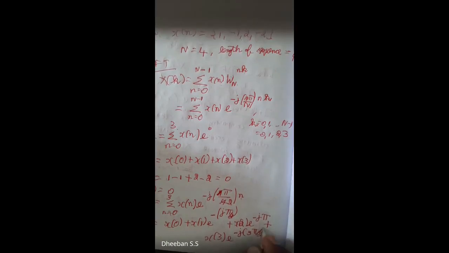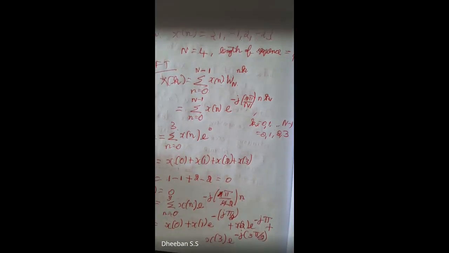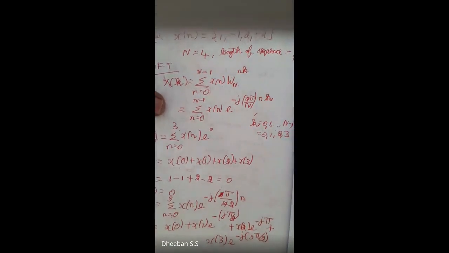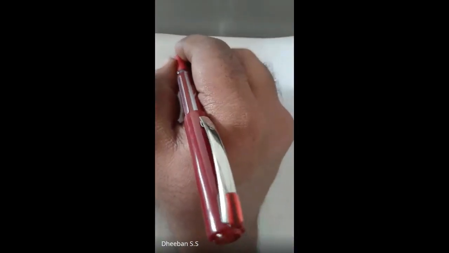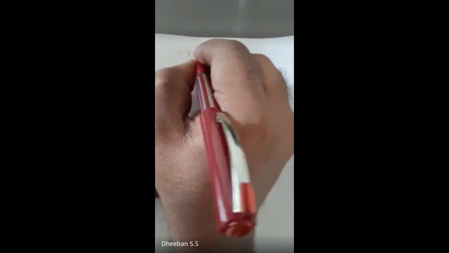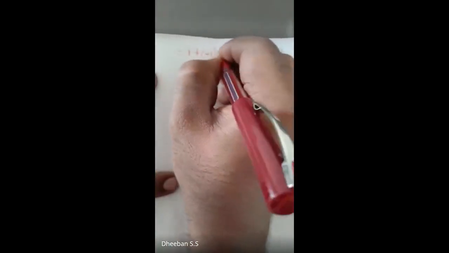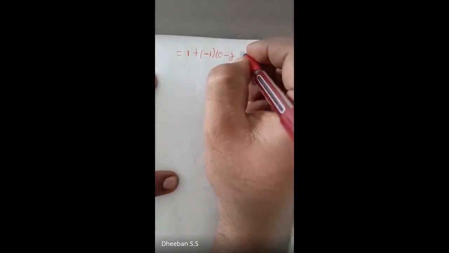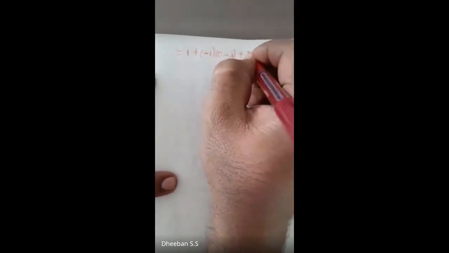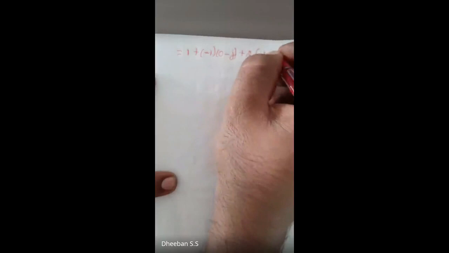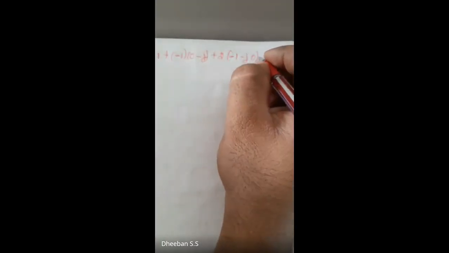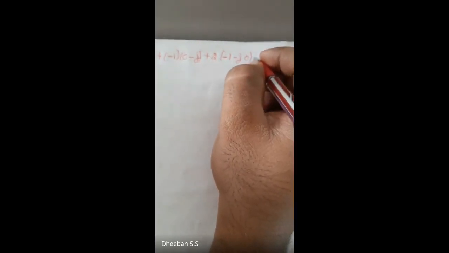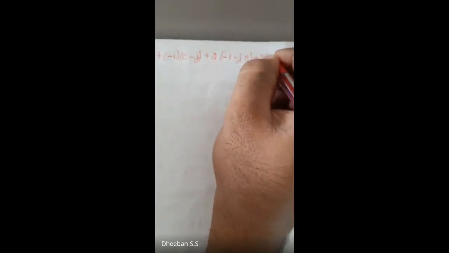Okay, this is the concept. So now you have to put the values over here. So x of 0 value is nothing but 1, plus minus 1 into 0 minus j, plus 2 into minus 1, minus j into 0, minus 2 into 0 plus j.